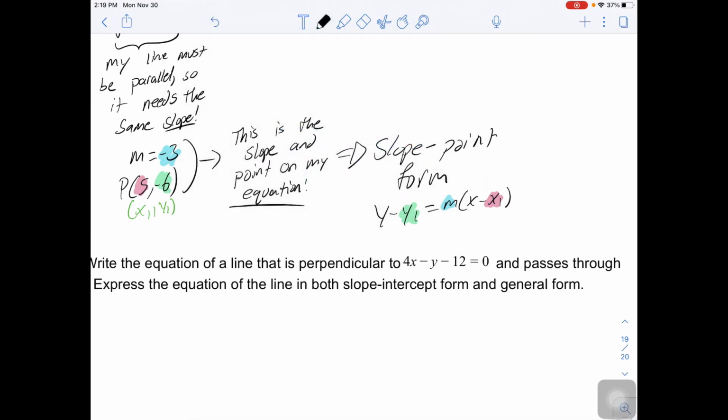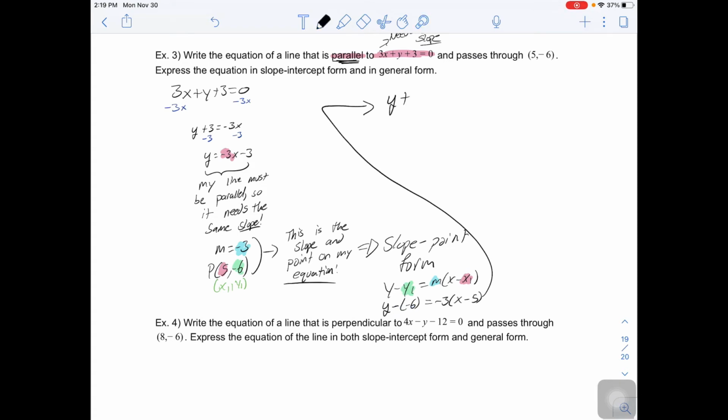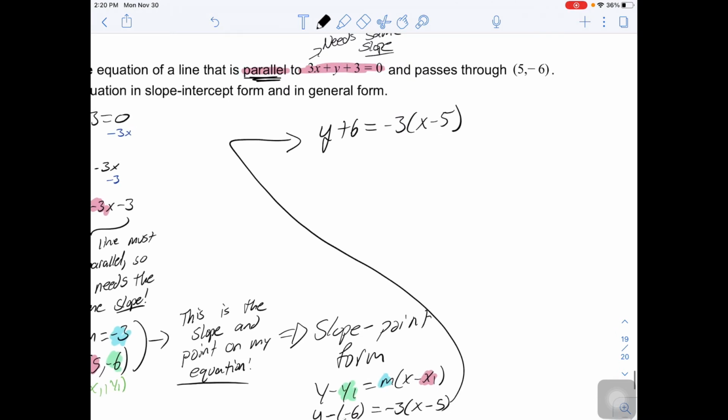So y minus y1, which was negative 6, equals slope, which was negative 3, times x minus 5. So my slope is negative 3, x1 is 5. And from there, now I have it in slope-point form, so I'm going to clean this up. A negative and a negative makes it positive, so y plus 6 equals negative 3x minus 5. So there's my equation in slope-point form.